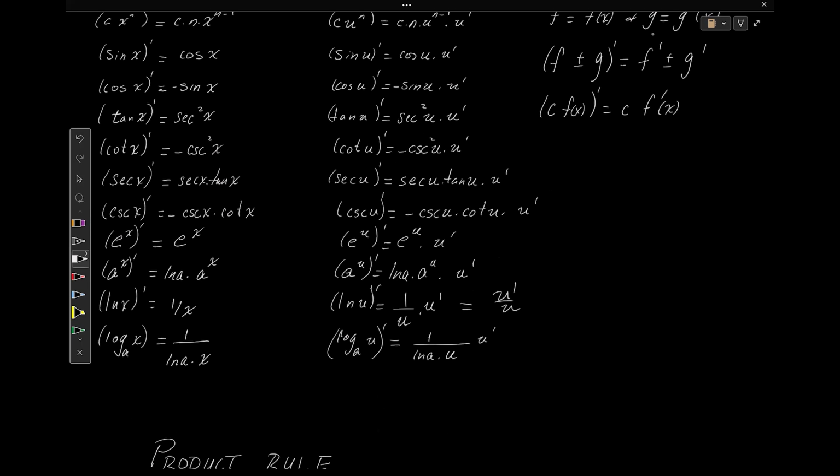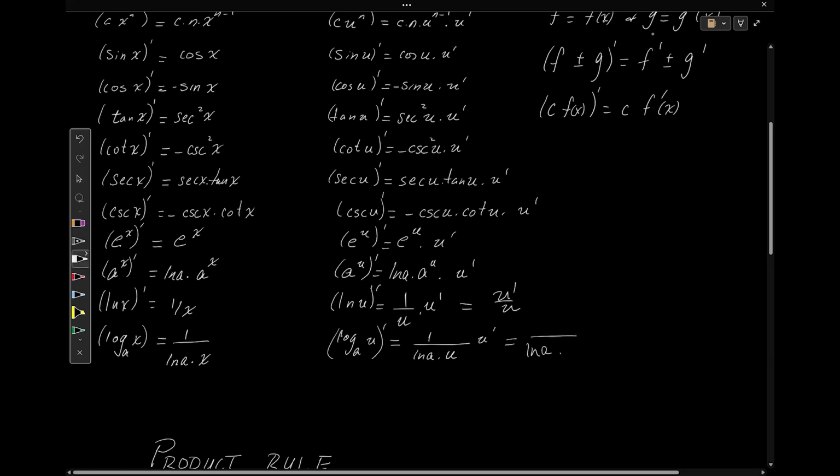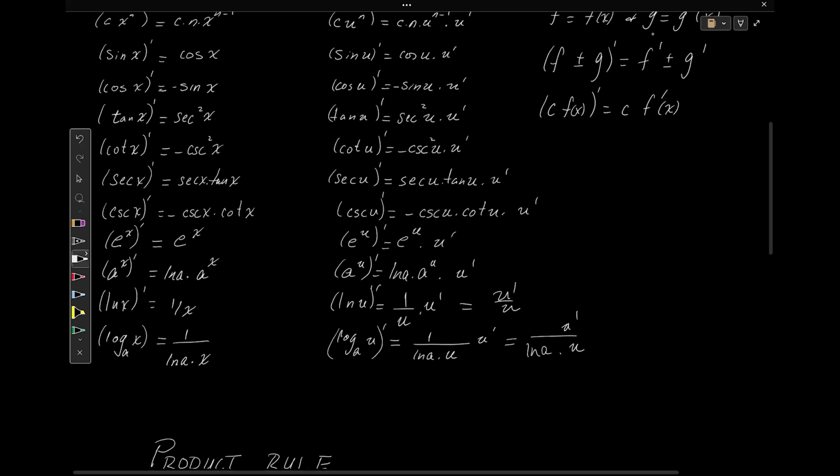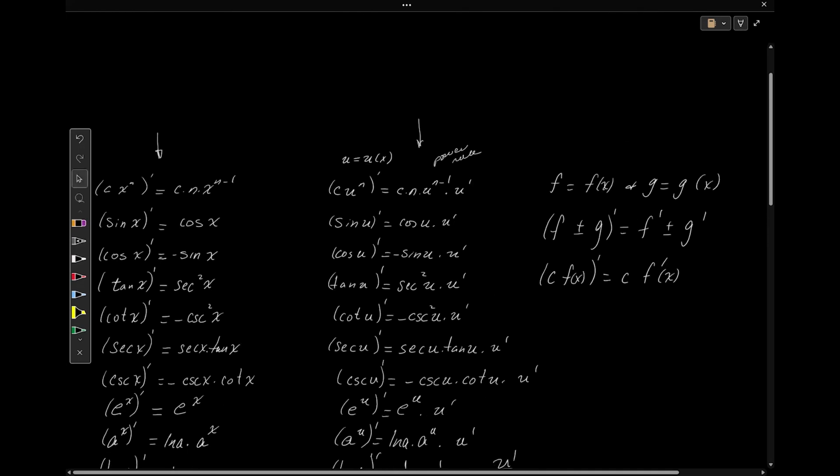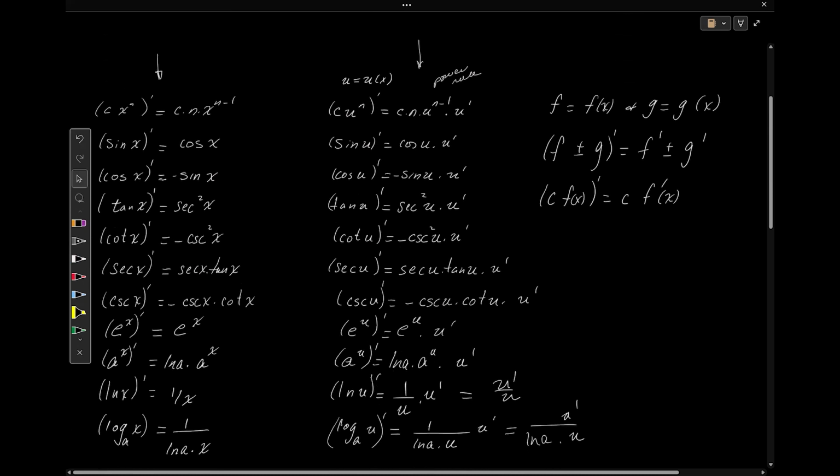If it's a log of a different base, it's 1 over ln a times u prime over u. They're distinct. But sometimes when we combine them, that's where confusion starts.